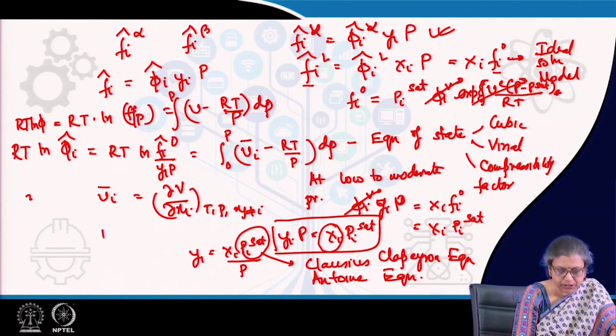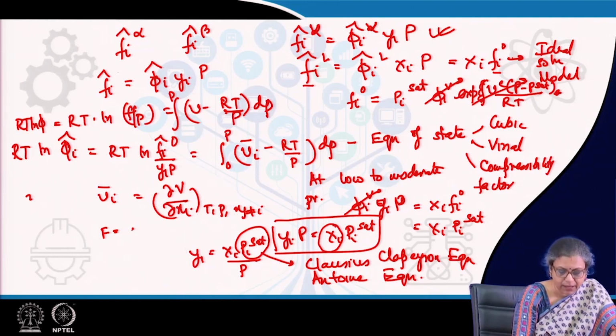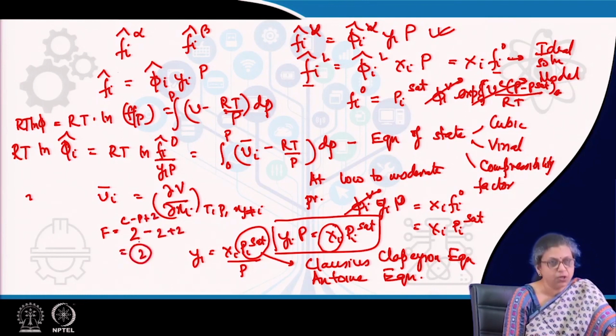Even for a binary mixture, the total degrees of freedom equals 2C minus P plus 2, which gives you 2 minus 2 plus 2, which is equal to 2. So therefore, if we know 2 intensive properties, the other properties can be found out.